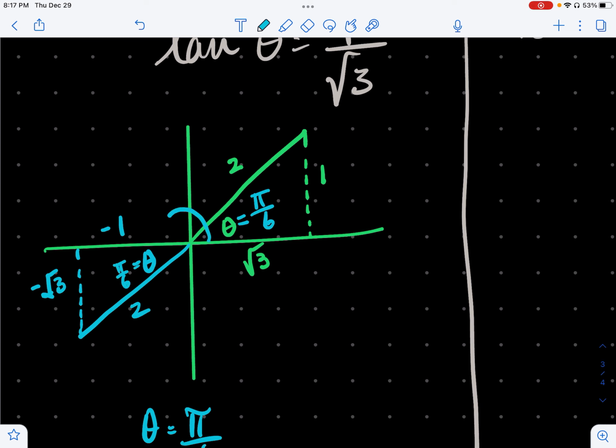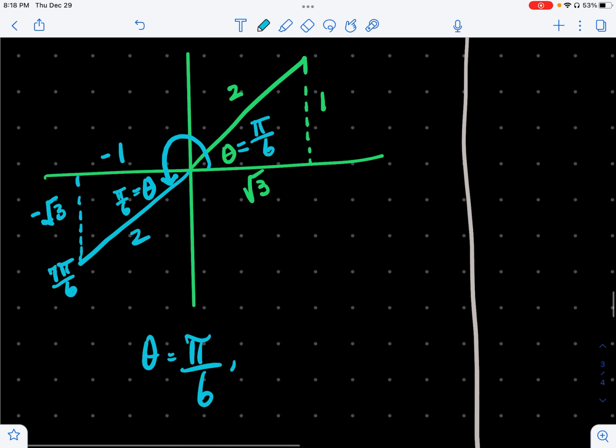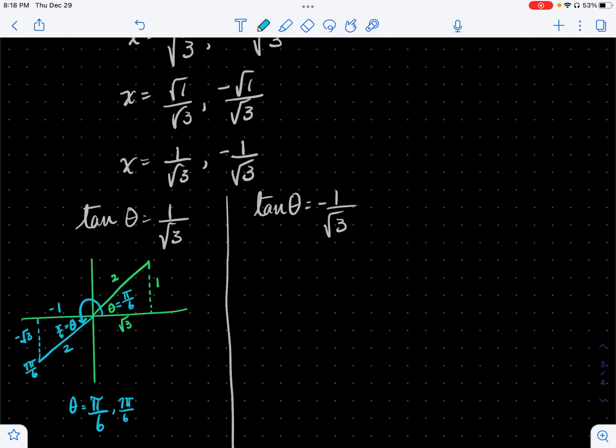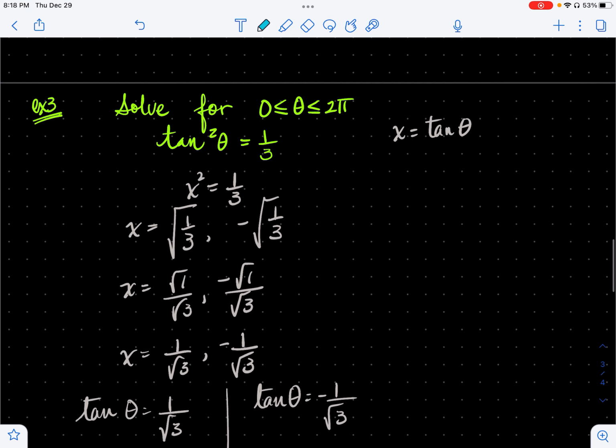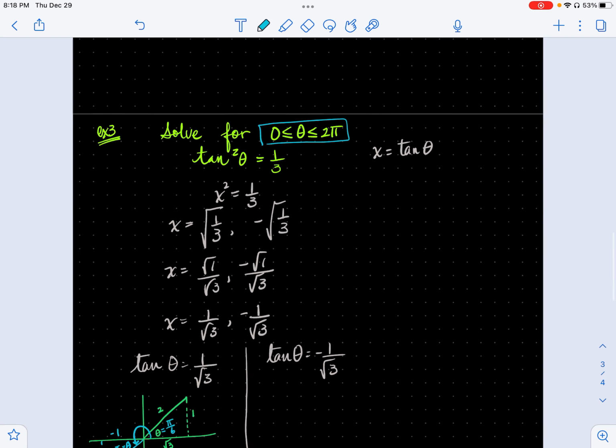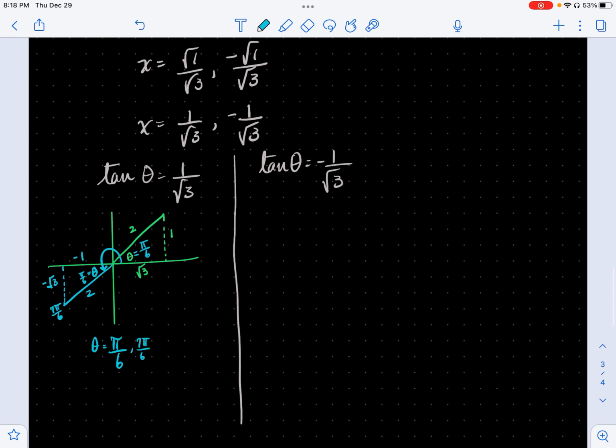Our total angle is all the way here, which is pi plus pi over 6, which will make it 7 pi over 6. Okay, I got both the tangent values from there, and this question also had the restriction, so we're not going to add 2 pi's because we'll get outside of the range.